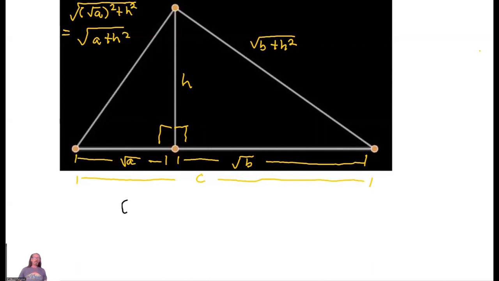So these two sides here would be legs. And that's supposed to equal this squared.